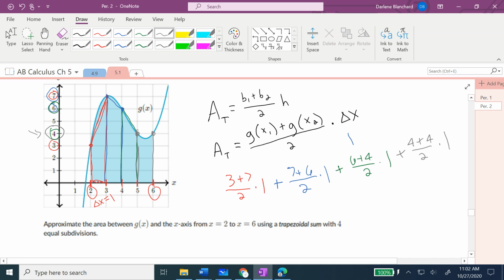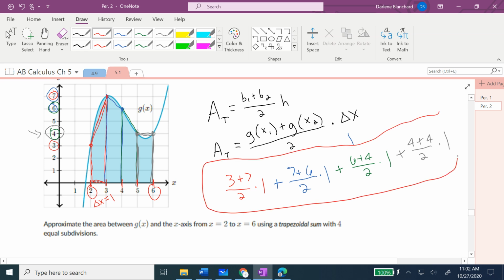And you can see that if it happens to be a rectangle, the trapezoidal formula will still work exactly the right way, because base 1 plus base 2 divided by 2 is the height of that rectangle. And so for that problem, the area approximation is whatever number those add up to be.